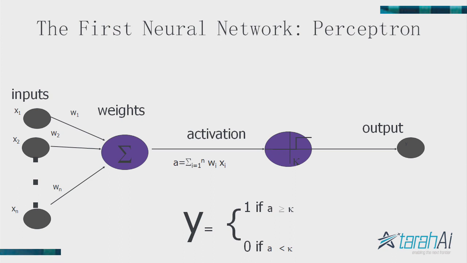So whatever x0 is, you can think about it as 1, and W0 whatever you put. So W0 plus W1 x1 plus W2 x2, you take that sum and compare it with K.